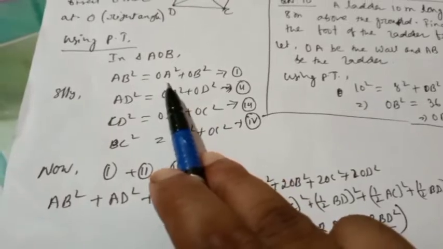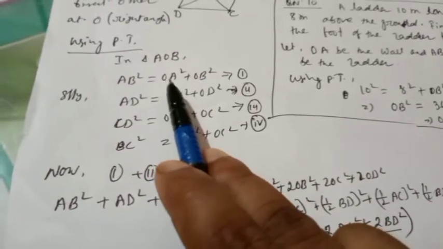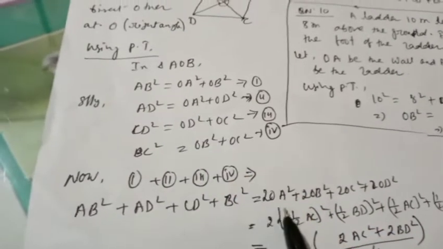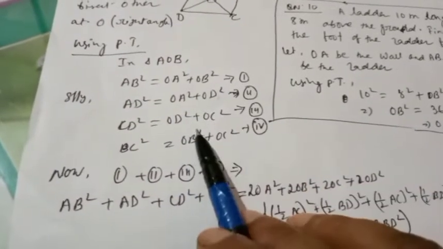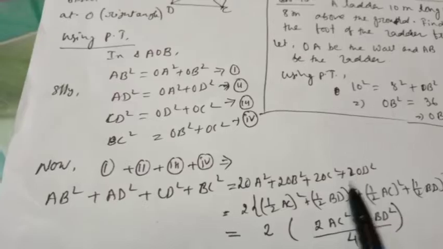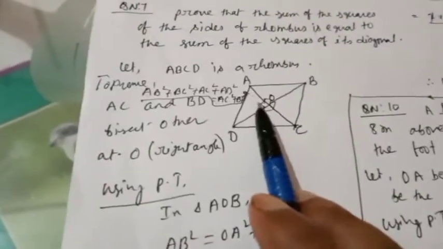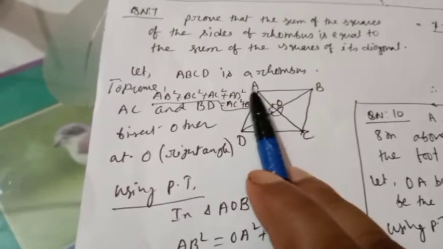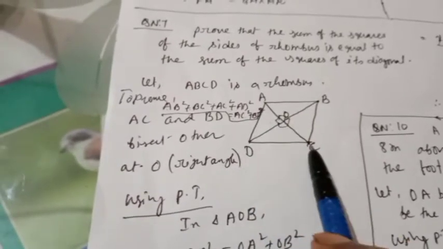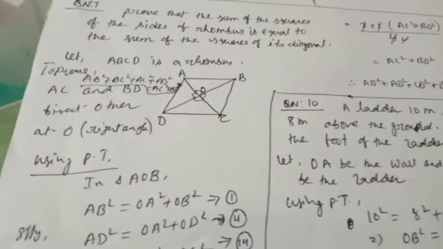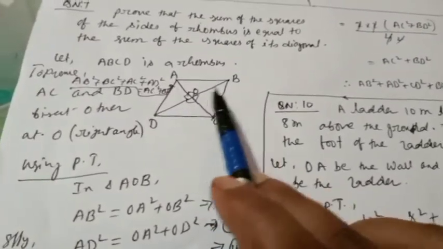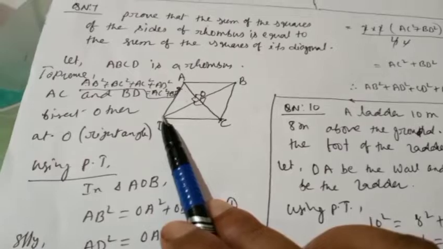On the right hand side, if you add all this, you can see all are double. Means twice OA square, that is why I have written directly here, then twice OB square, twice OC square, twice OD square. Now see, if OA is equal to OC, then in place of OA or OC you can write half of AC. Similarly, OB is equal to OD is equal to half of BD.